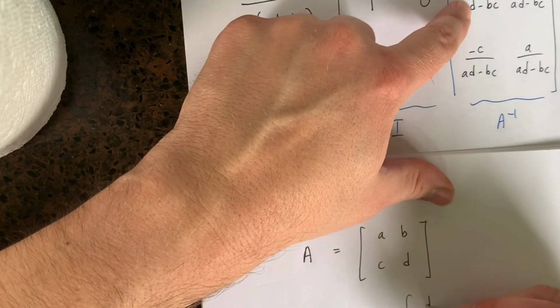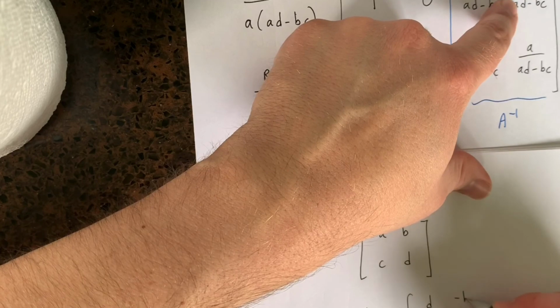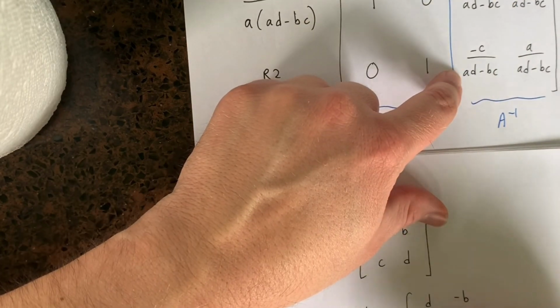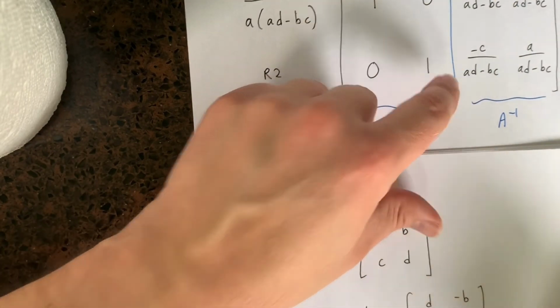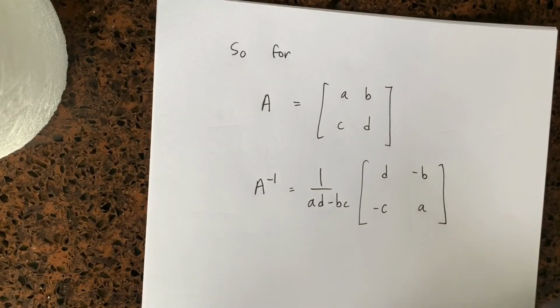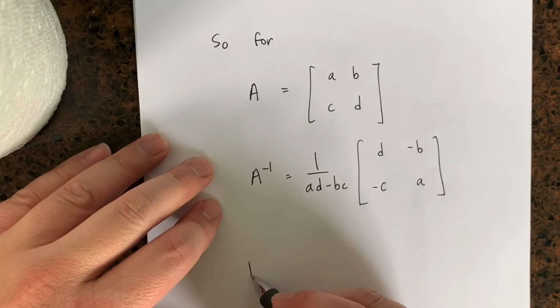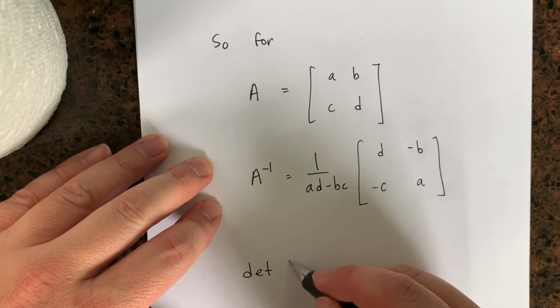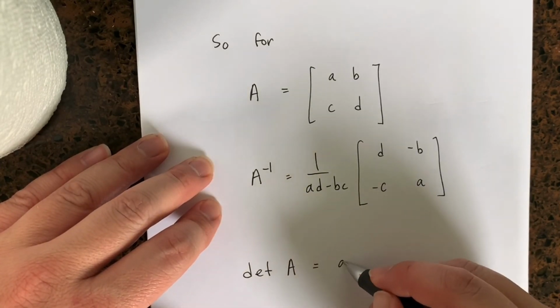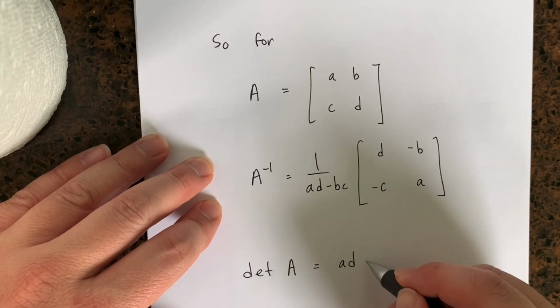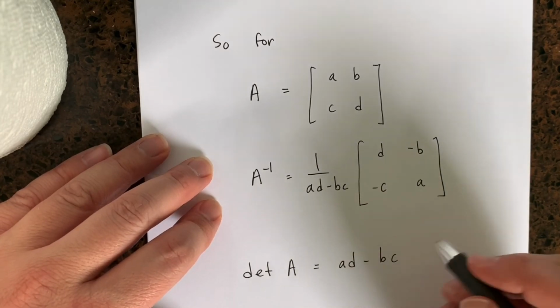We got D, minus B, minus C and A, where we define this term in the denominator as the determinant of A. The determinant of A is AD minus BC.